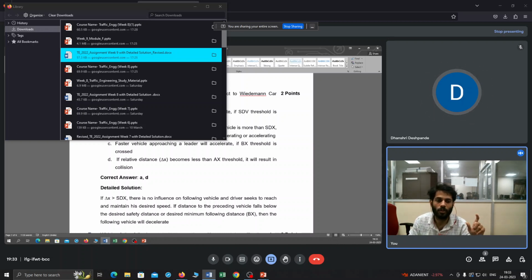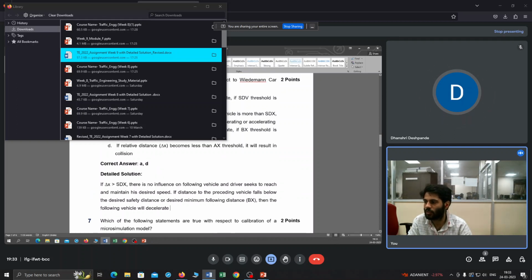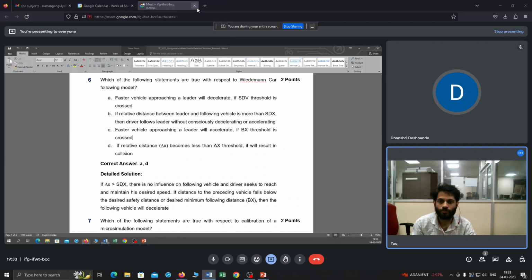So if that threshold is breached, only then it will accelerate, because it's a deceleration threshold. Okay, so it is already written that if your distance to the preceding vehicle falls below the desired safety distance, then obviously you will be accelerating, not decelerating, right? Because your BX threshold is crossed.